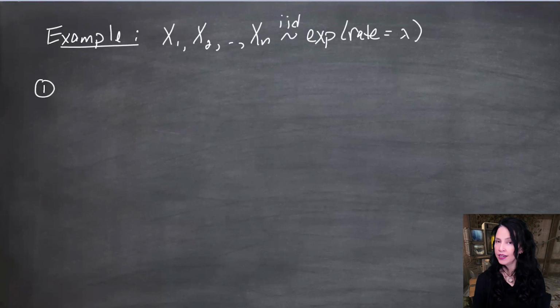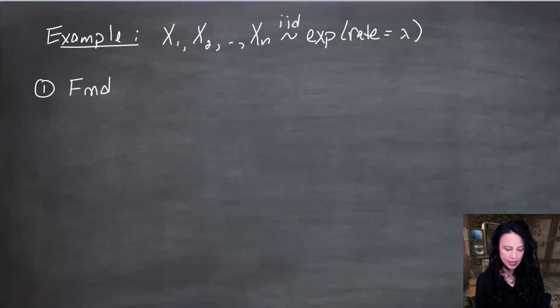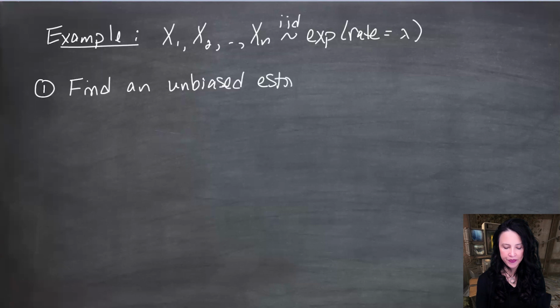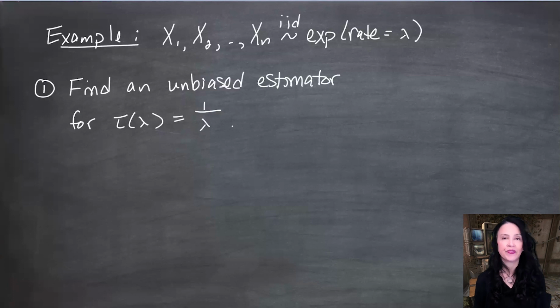So part 1 of this example is going to be to find an unbiased estimator, not for lambda, we're getting there, for a function of lambda. So tau of lambda, where this function is defined to be 1 over lambda. You might recognize 1 over lambda to be the mean of this distribution.